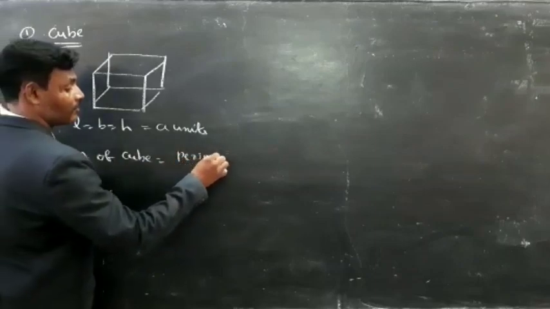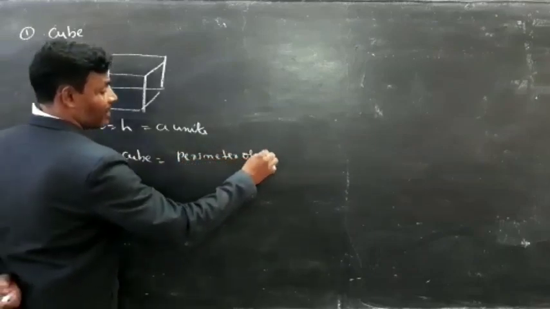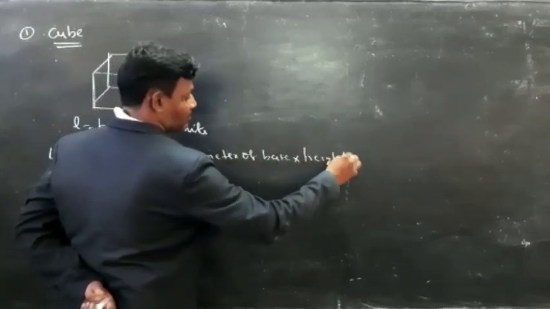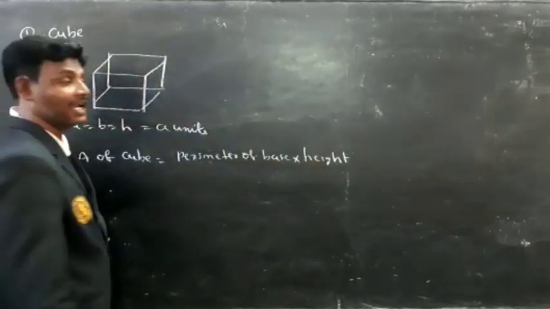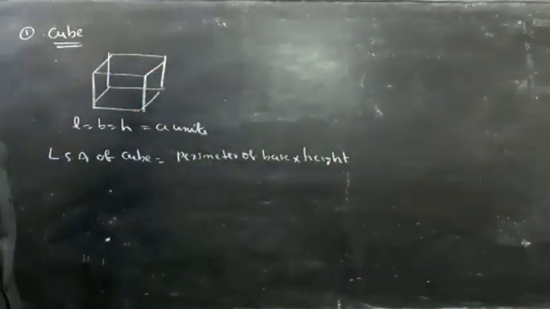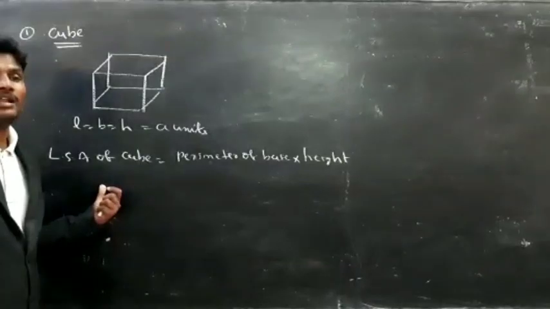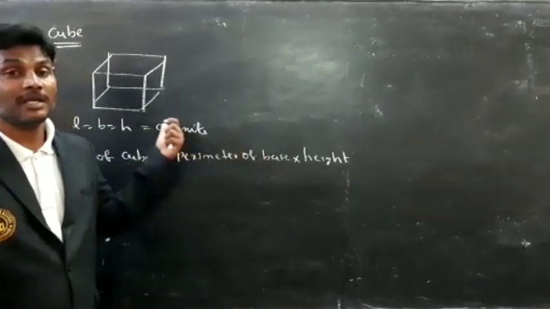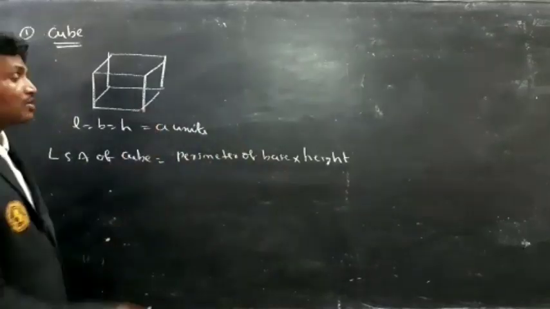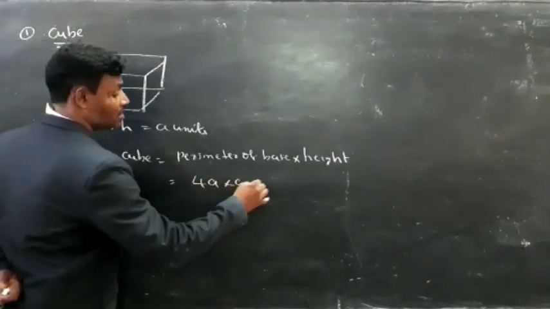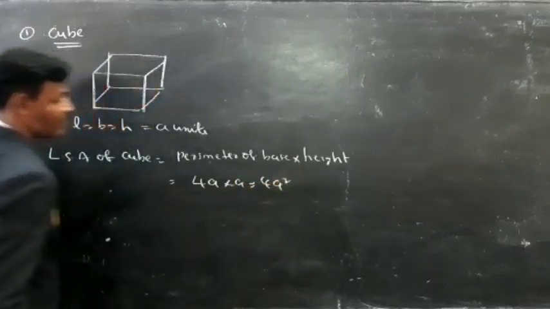Perimeter of base into height. The base of the cube is a square, so the perimeter of the base means perimeter of the square. 4a into a is equal to 4a square.